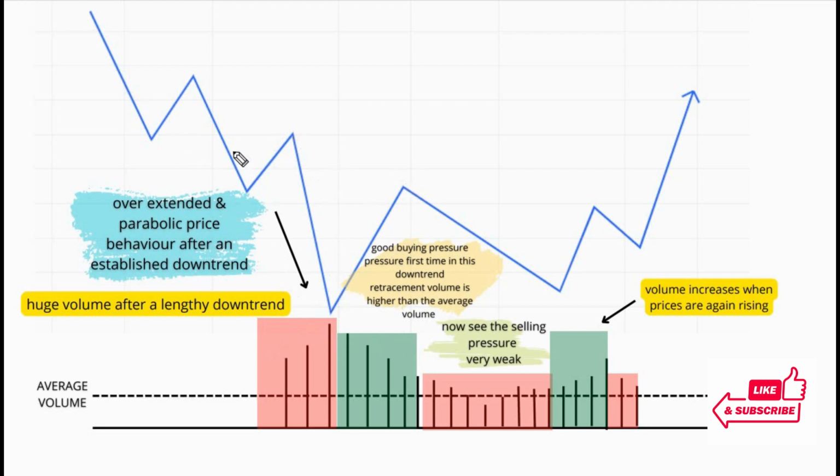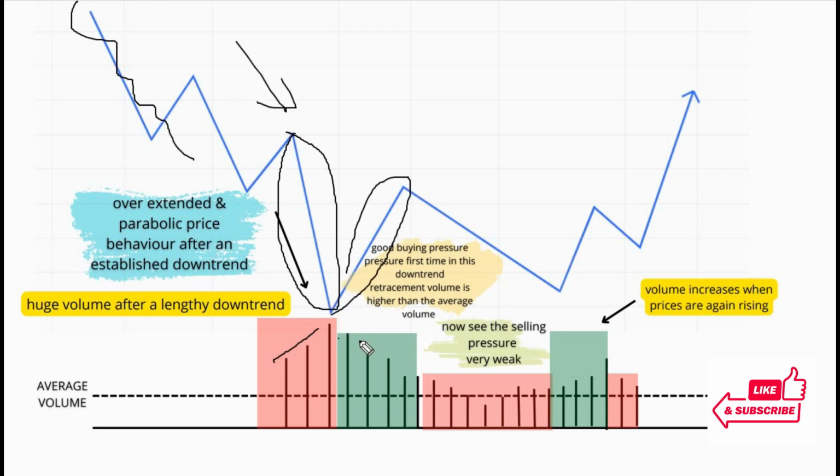So see, after a strong downtrend, we saw an aggressive downward momentum with very high volume. Then for the first time in this downtrend, we saw a huge buying activity with relatively higher volume, because this volume is less than this volume, but this volume is higher than the average volume, and also the buying activity is very strong.